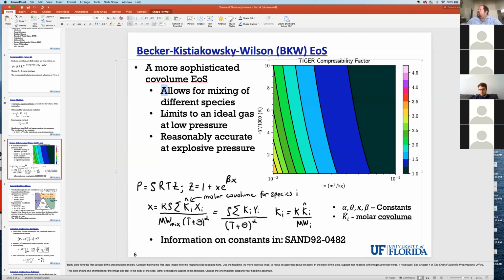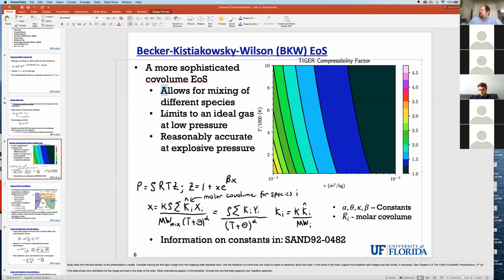And here, if we look at the compressibility factor that is produced as a function of volume and temperature divided by 1,000, we see that at very high densities, or at very small specific volumes, we can have compressibility factors in excess of 5 or 6.